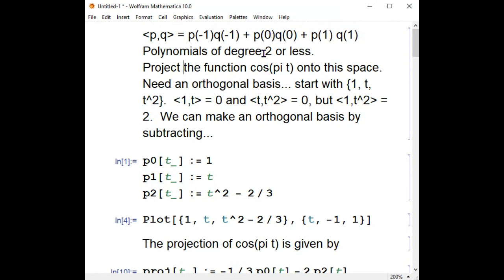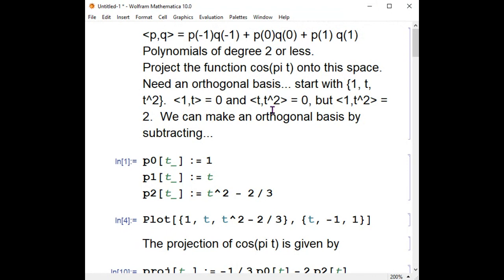Okay? So what we're going to do is project the function cosine pi t onto this space. So we need an orthogonal basis. We're going to start with 1, t, and t squared. The inner product of 1 with t is 0, because 1 is an even function and t is an odd function.